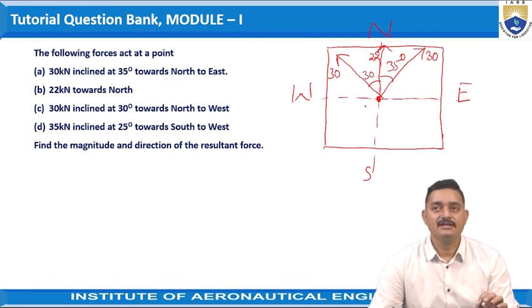Now the fourth one is 35 kilonewtons, inclined at 25 degrees towards south to west. That means the force of 35 kilonewtons is given at an inclination of south to west at 25 degrees. Now find the magnitude and direction of the resultant force.